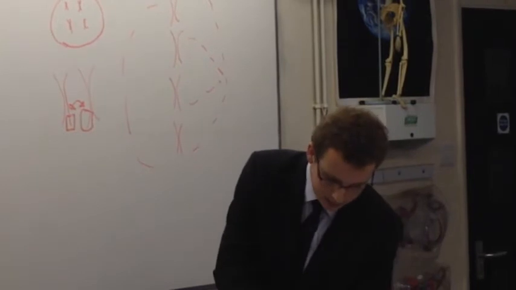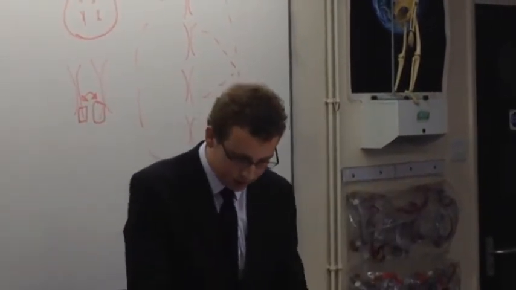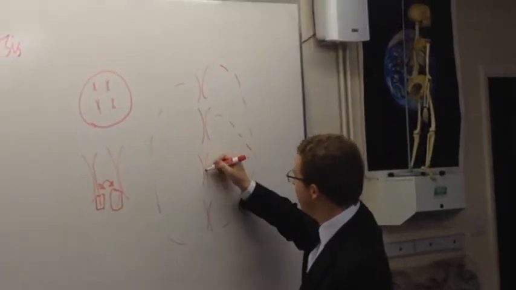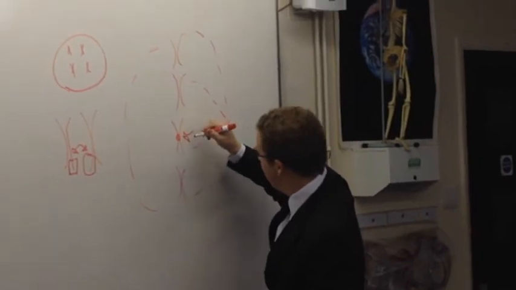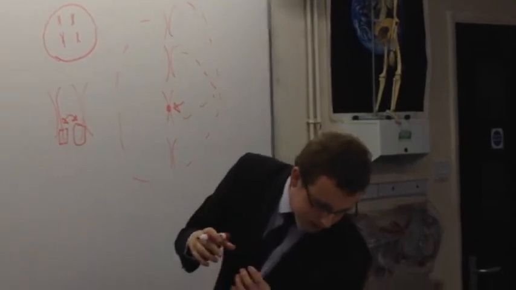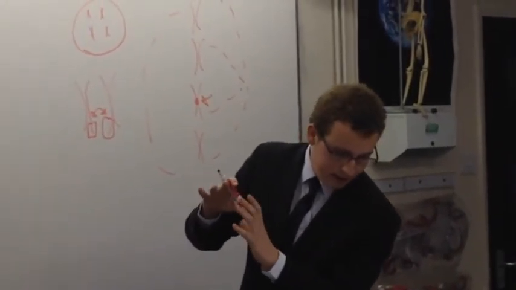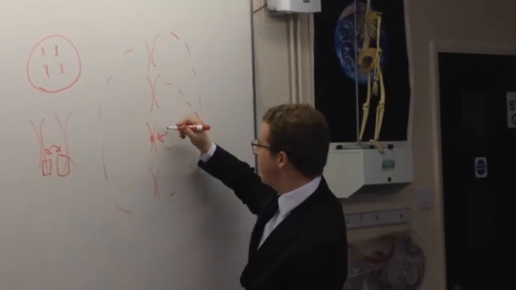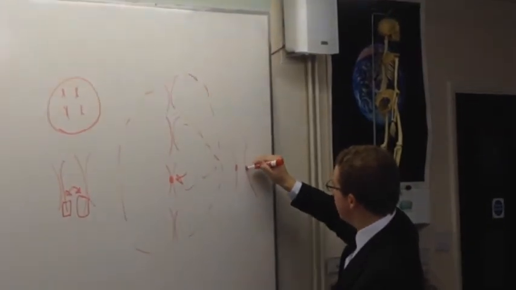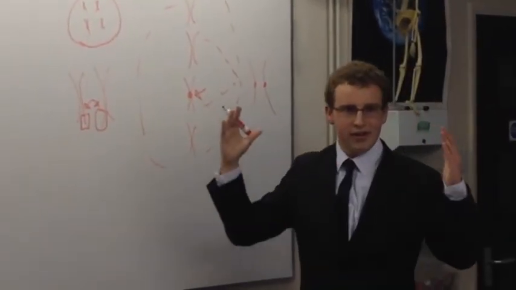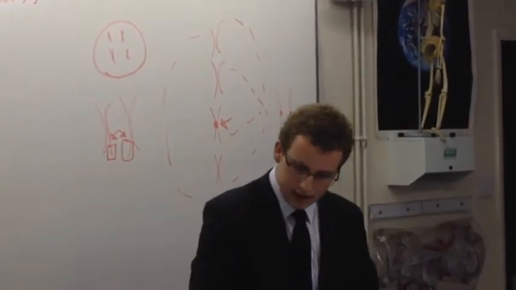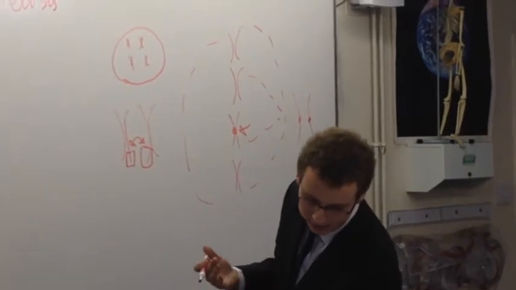Then there's anaphase 1. The centromeres, the little centre bit keeping the two parts of the chromosomes together, do not divide, but they still hold in place. Each pair separates, getting ready to divide, which is where telophase 1 comes in.